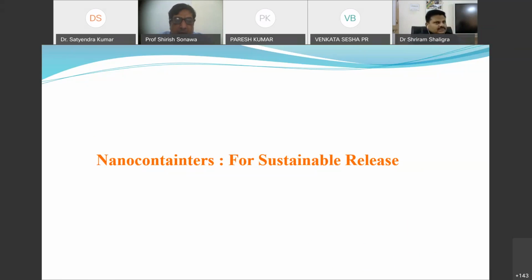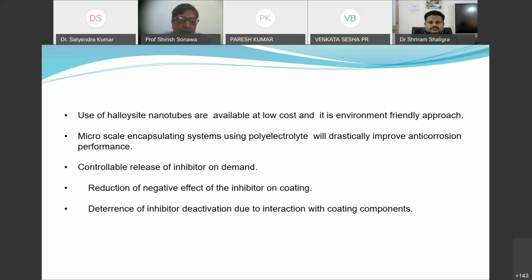For example, with nanotubes, if you look at carbon nanotubes, the cost of carbon nanotubes is quite high, and the production methodologies do not give all the uniformity that is required, such as tube diameter and length.